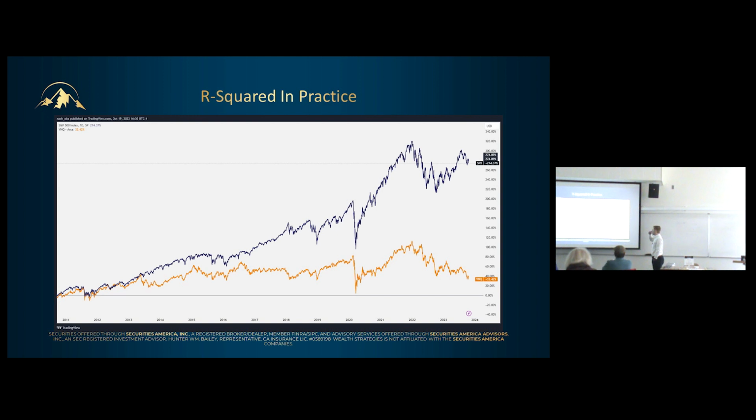So if I move forward to something like VNQ, which I believe is a real estate fund from Vanguard, you can see there is some similarity in the charts.